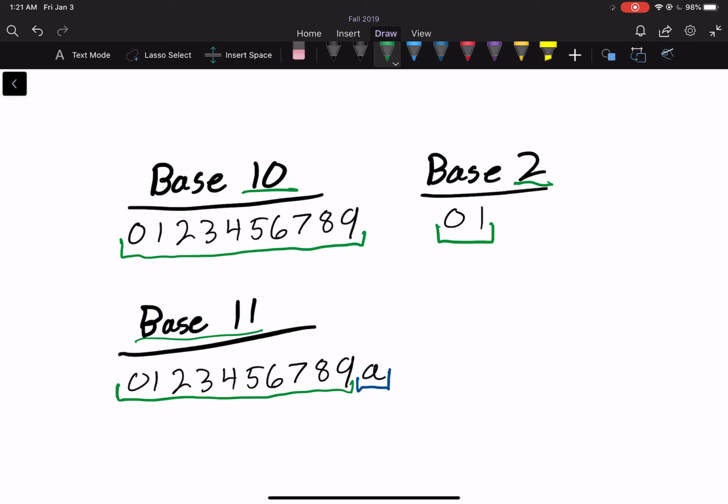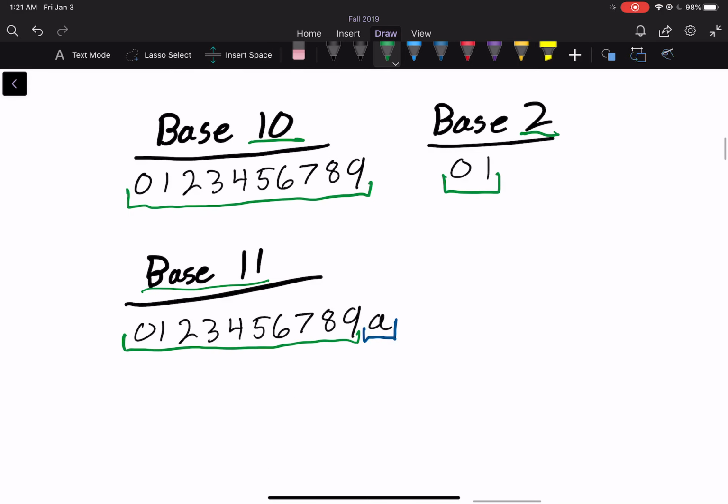And just to ensure that you understand how bases work, base 11 means that we have 11 symbols to play around with. So that means that we have our normal 0 through 9, but we run out of the numbers that we're familiar with, so we decide to call the 11th symbol A, right?